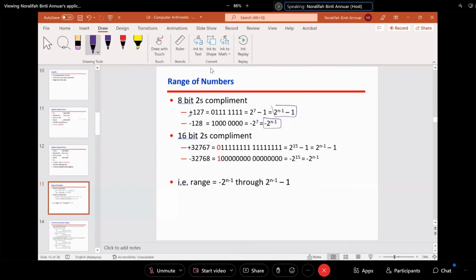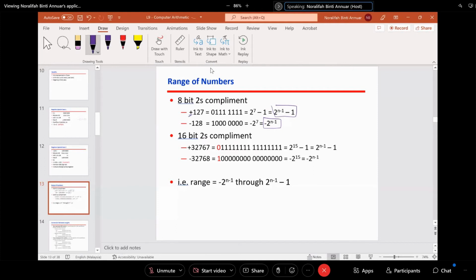Here only 2 to the power of n minus 1. So n is the number of bits. So 8. Kalau negative, you use this formula. 2 to the power of 8 minus 1 is 7. 2 to the power of 7 giving you 1 to 8. Get it guys? This is a formula. Tengok dia punya sign magnitude kat hadapan.